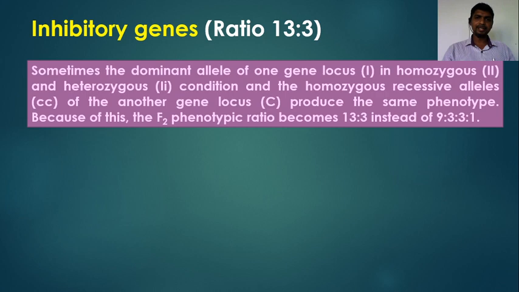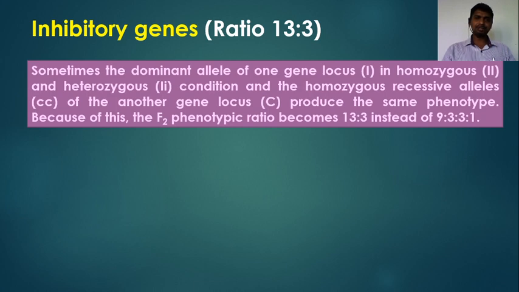Such phenotypic expressions occur due to the presence of the dominant homozygous and heterozygous I gene, that is capital I capital I for homozygous and capital I and small i for heterozygous condition. When gene I is present in homozygous or heterozygous condition, whether the C gene is dominant or recessive, it inhibits the action of the C gene.